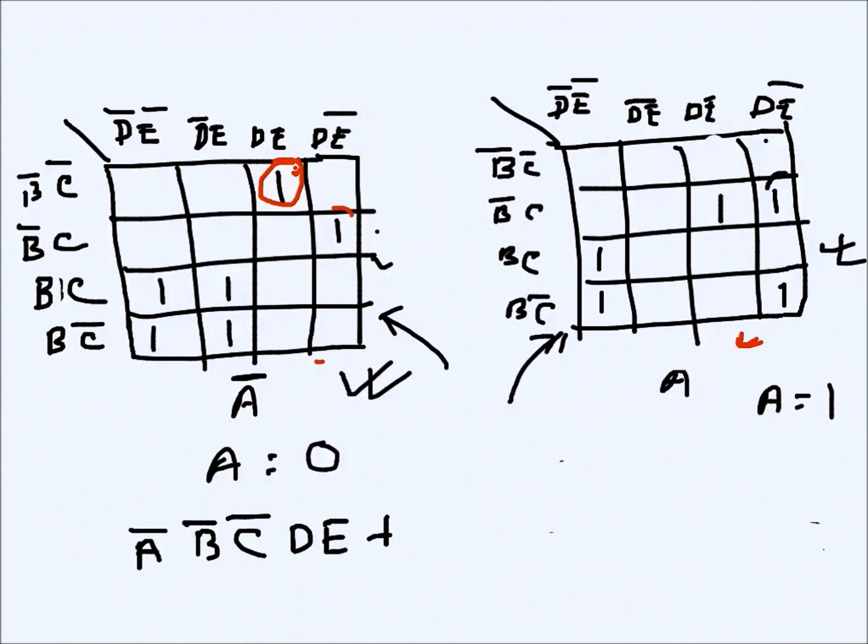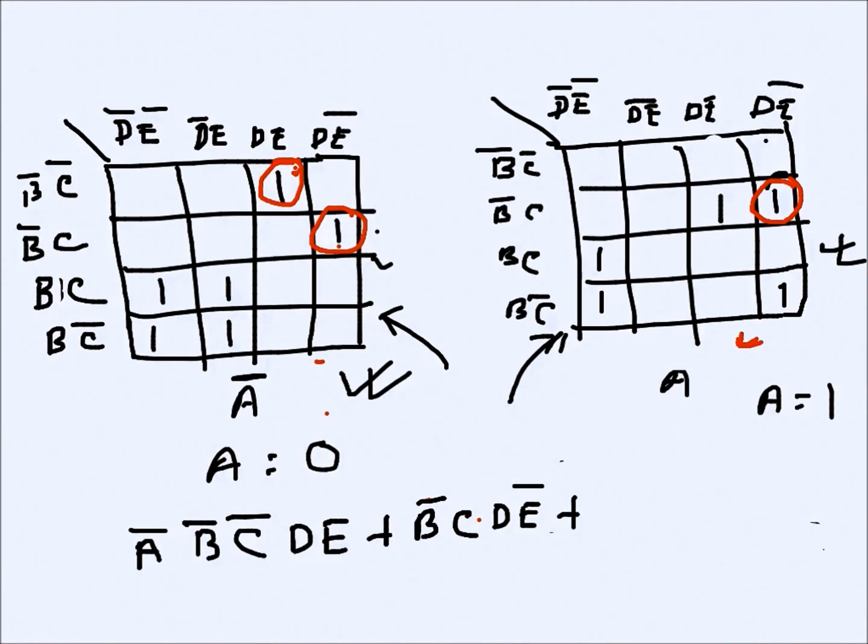So this one can go with this one because they are in A is equal to 0 as well as A is equal to 1. So the expression will have no A, because it's true for both A is equal to 0 and A is equal to 1. So the concept is similar. There won't be any A, it will be just B bar C D E bar. That's the expression for this one.